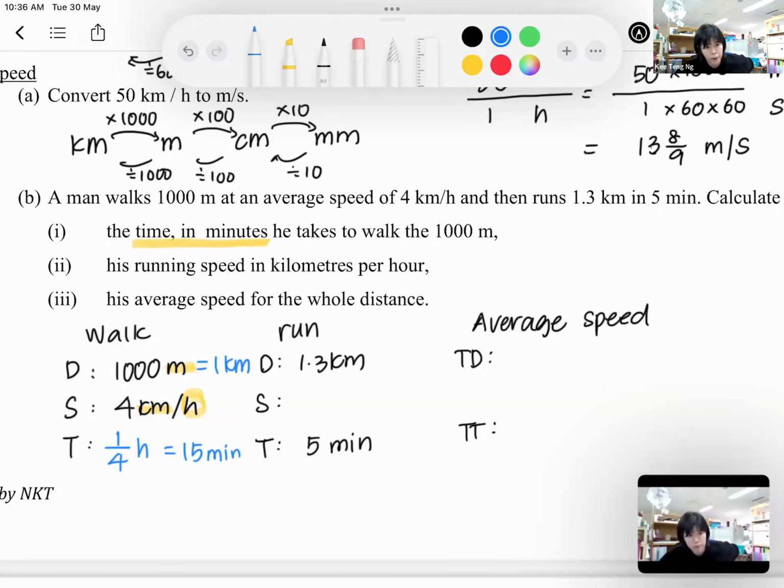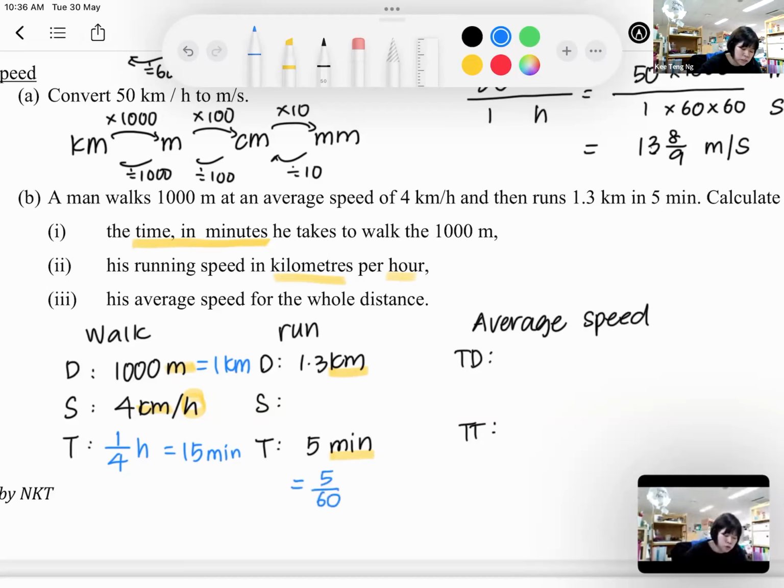Okay, right? His running speed in kilometers per hour. They want kilometer per hour. This is already kilometer, but this is not in hour. The running speed is 5 minutes. So how to run 1.3 kilometer in 5 minutes? Okay, well, the person so fast. Okay, so we take 5 divided by 60, right?